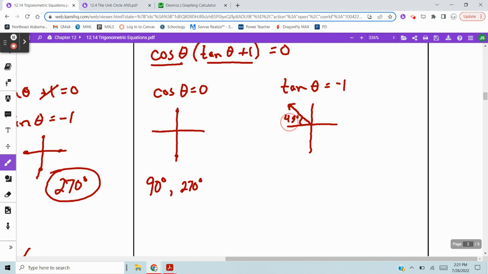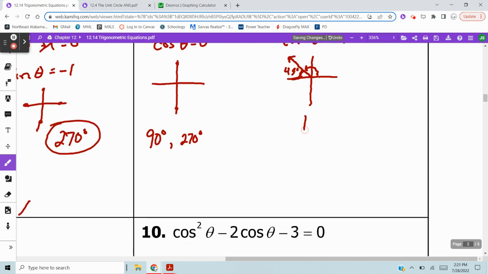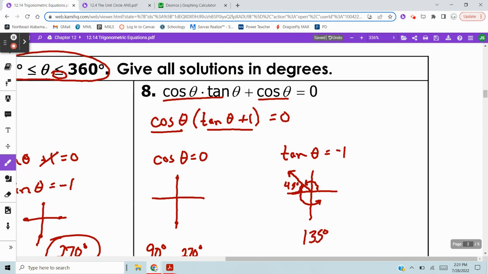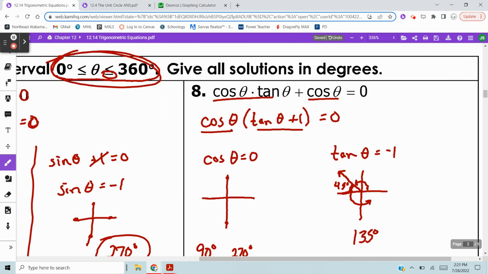Let's try to write that a little bit better. And since that's 45, the actual angle right here, well, I know this is 180. When I subtract that 45 off, I get an angle of 135 degrees. Since it is tangent, that answer will repeat again in 180 more degrees. So you ask yourself, will it still fall in this range between 0 and 360?